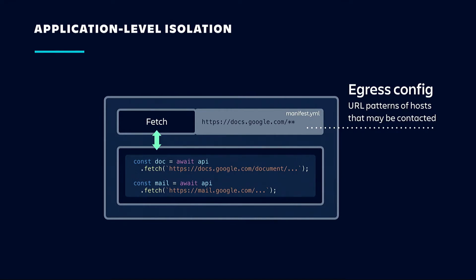You would put that in the manifest. You say, these are the domains, or the URL patterns, that my app wants to access. We can present that to the person that installs your app so that people know what's going on. And we can also enforce that at runtime because we control the fetch, as we've seen. So we can match whatever you're trying to access against this list of allowed URLs and then either accept that call and invoke that endpoint or not.